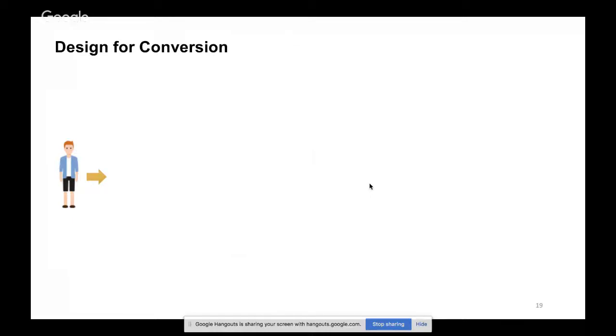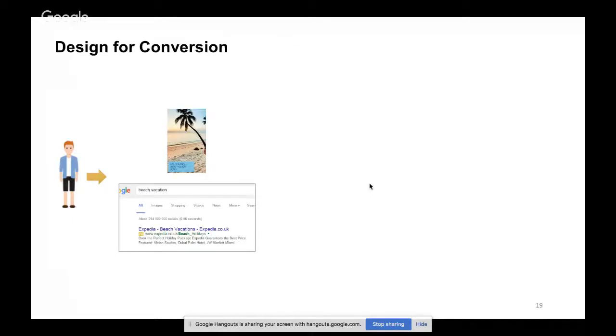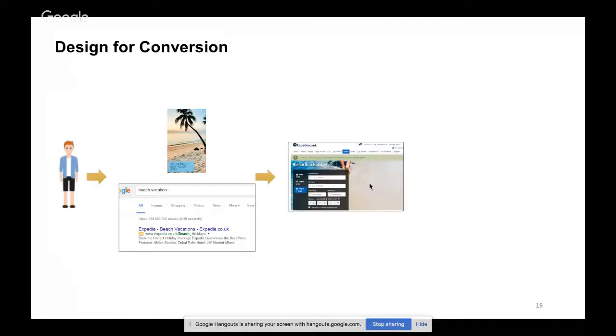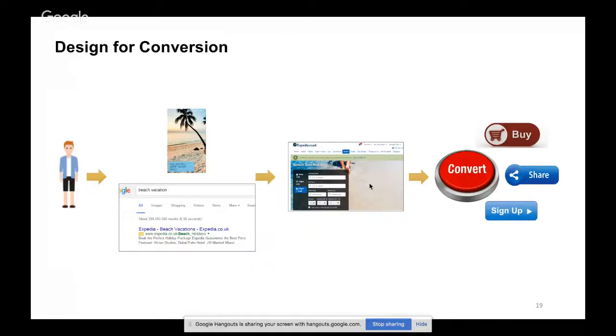After a consumer is exposed to an ad, whether it's a search ad or a display ad, and they land on the landing page, finally we go to the conversion stage, where they either make a purchase, or share the content with others, or sign up for a future information feed.